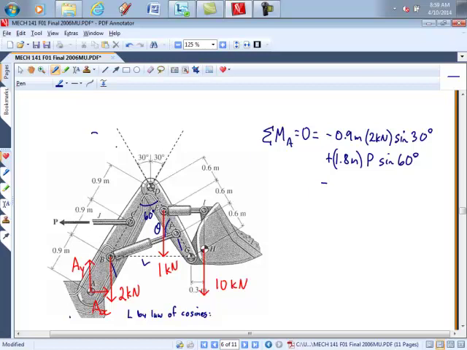And this length, or the horizontal distance, is going to be these three. So 2.7 sine 30, and then we got plus another 0.6 sine 30, all times 1 kilonewton.